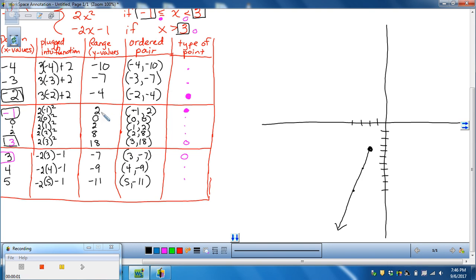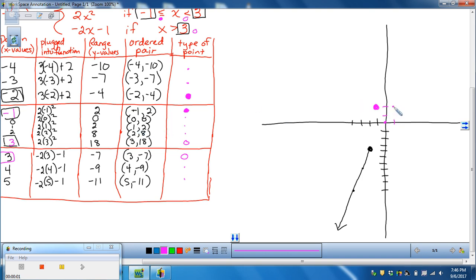The next one, starting at 2, we're graphing the point negative 1, 2. So negative 1, up 2, that is a closed circle. It's a big one. It's an end point. The next one, 0, 0, is here. Next one, 1, 2.